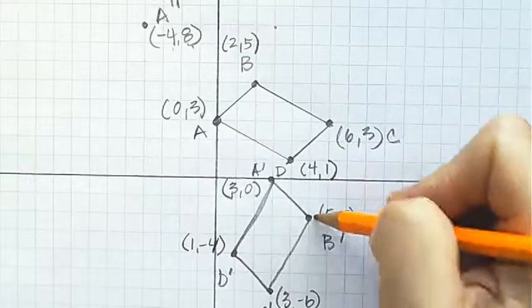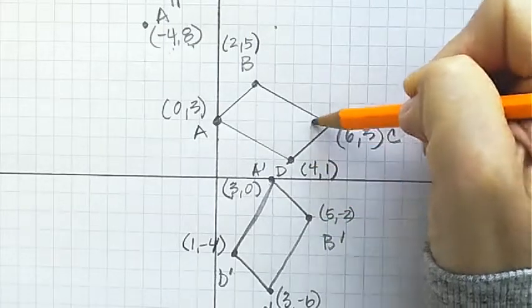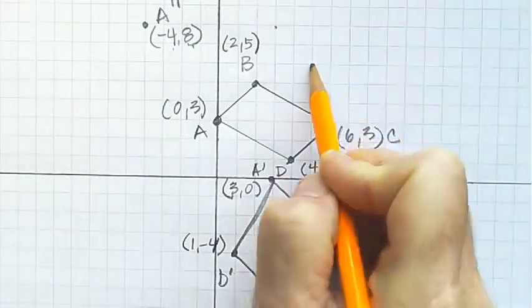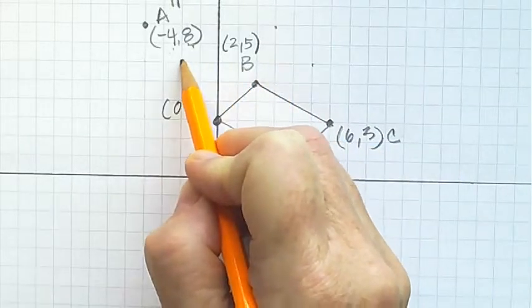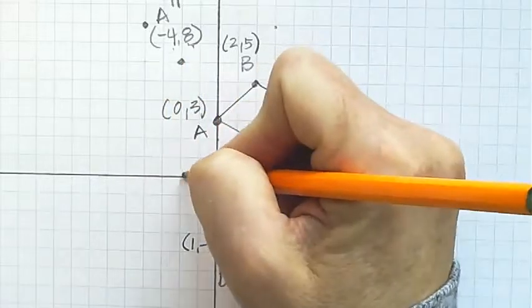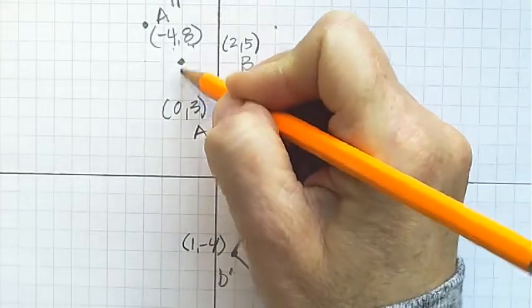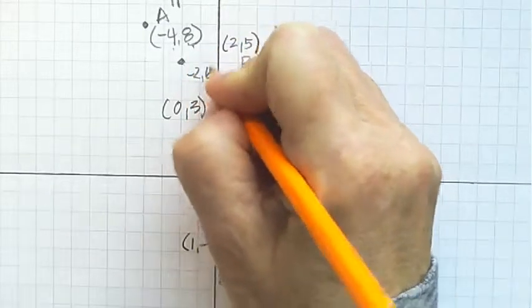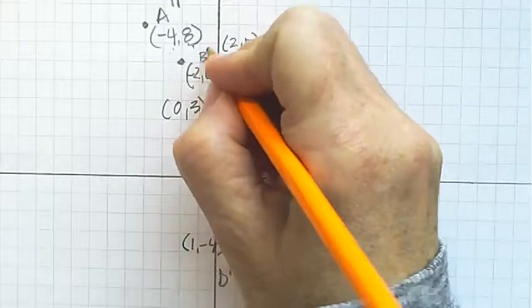Okay, let's look at B. If I move B up 8, 1, 2, 3, 4, 5, 6, 7, 8, left 7, 1, 2, 3, 4, 5, 6, 7. The new coordinates are -2 and positive 6. That's B double prime.